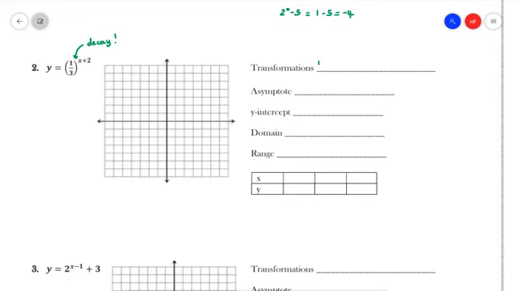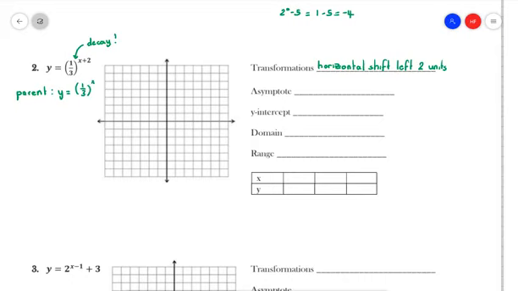So this will be a horizontal shift. Opposite of plus would be left 2 units. That's the only change that is occurring from our parent function of same base to the power of x.